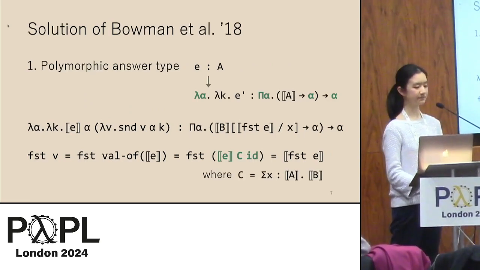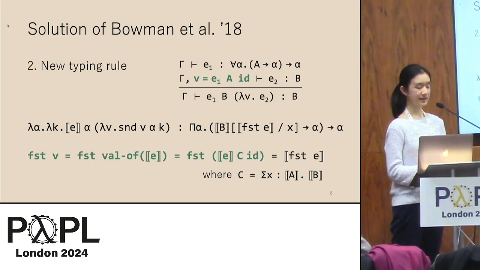The solution of Bowman et al. is threefold. First, we make the answer type of the translation polymorphic. That is, we add a type abstraction in the top level translation. This guarantees that we can always extract the value of a CPS term in a type-safe manner. Second, we define a new typing rule for the target language.